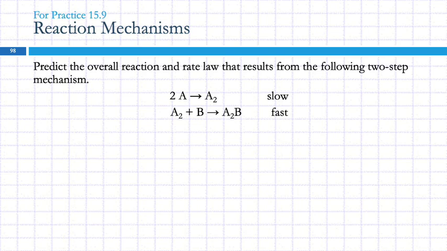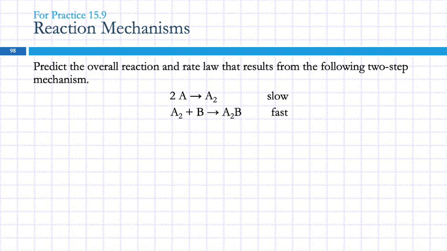Here's another one, just using A's and B's instead of all those other letters. Predict the overall reaction and rate law that results from the following two-step mechanism. So here's the mechanism, what's the rate law, what's the overall reaction? Well, let's do the overall reaction first because that's easy, right?